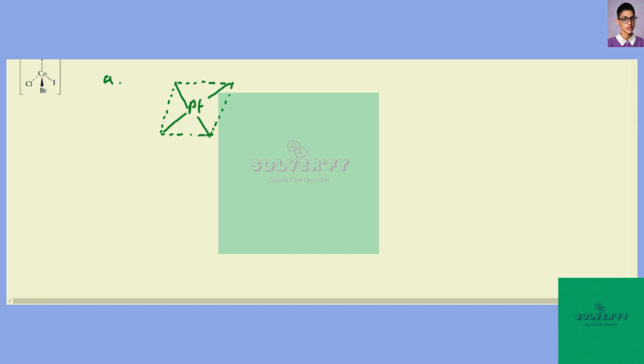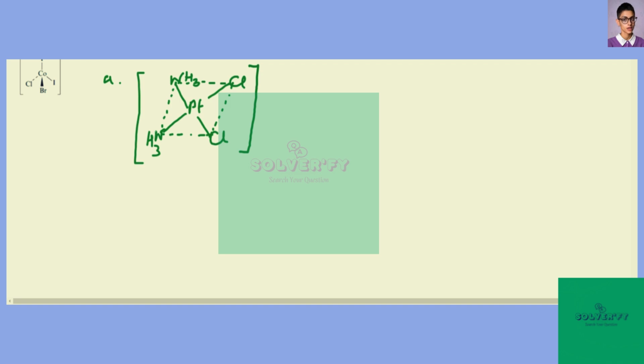So in case of cisplatin, that means identical ligands should be adjacent: chlorine, and here it should be ammonia. So this should be the structure of cisplatin, and it should not have any charge when platinum is at +2 oxidation state. So this is A compound.